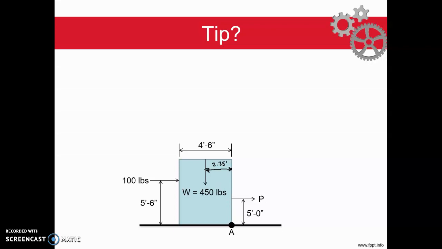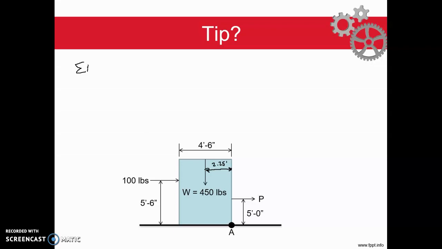The impending motion of tipping would occur when all of these moments are at a state of static equilibrium. If they were at a state of static equilibrium, then we would know what, essentially, in this case, literally, the tipping point is, where any additional load P is going to cause this thing to tip over.